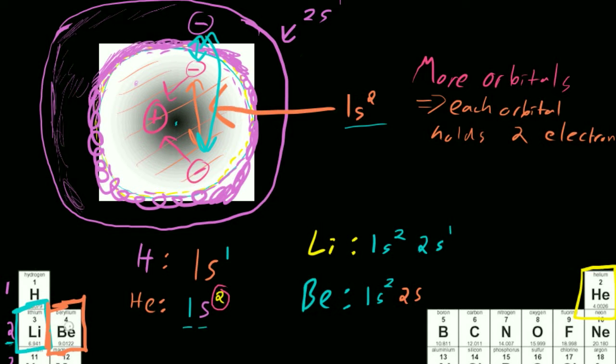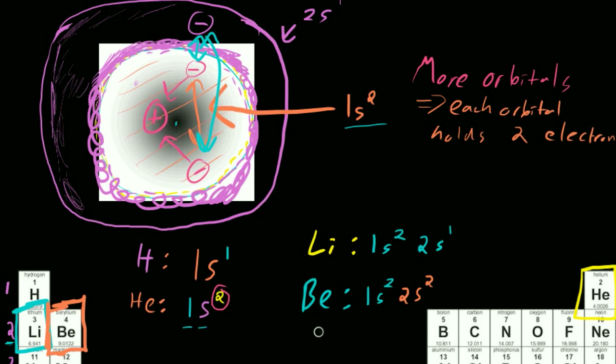If we're looking at the neutral atom, what defines beryllium as an atom is the fact that it has 4 protons. And we know that we're looking at the neutral atom, so we need 4 electrons. So we're going to have 2 electrons in our 2s2. So we've got 2 electrons here, 2 electrons here. That means that we've got 4 electrons around our beryllium atom.